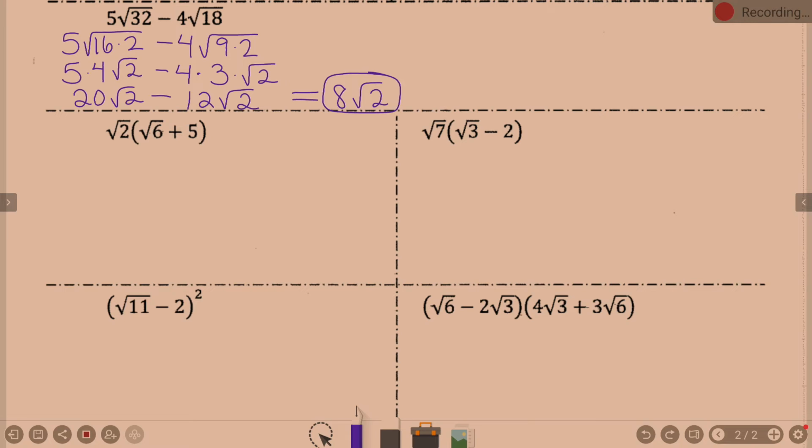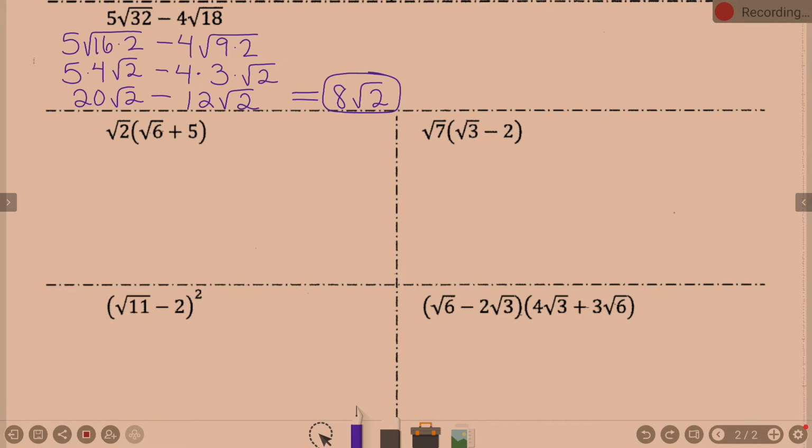Okay. Bottom of this page. Square root of 2, and then there's parentheses, square root of 6 plus 5. It's multiplication. What do the parentheses make you think? Multiplication.